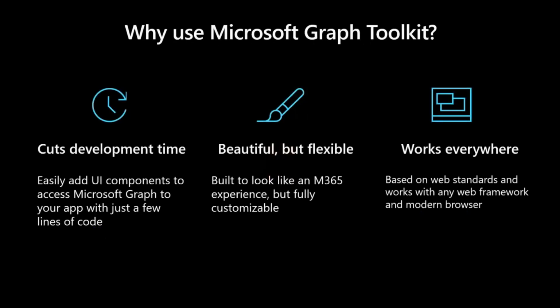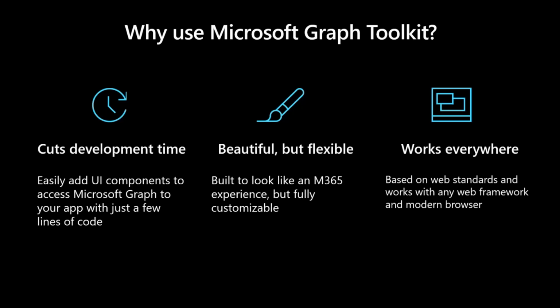Why would you think about the Graph Toolkit? First, it cuts insanely on development time because it's basically just a couple of lines of code that you drop into your app rather than building all the logic, all the state, all the graph management, all the tokens and everything. We take care of the hard stuff. It's beautiful, but it is flexible. It's built to look like an M365 experience, but it's also fully customizable so you can embed it and make it really your own.